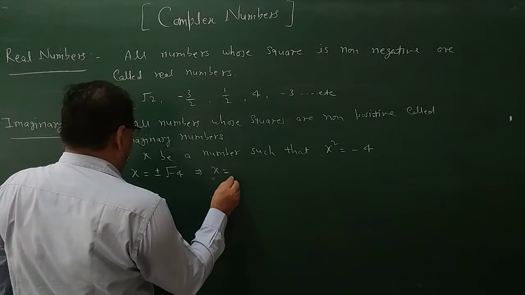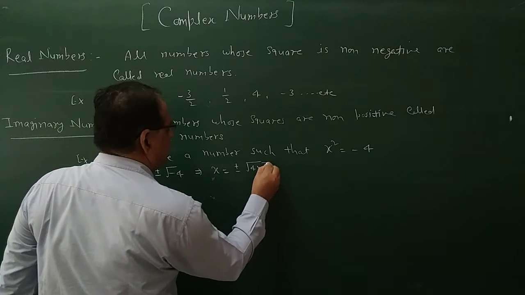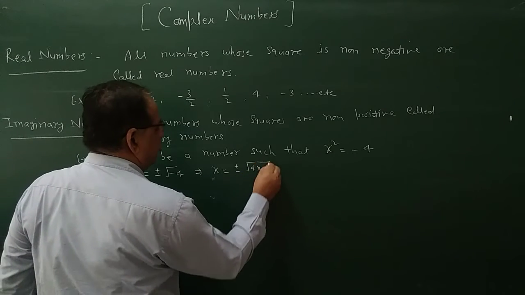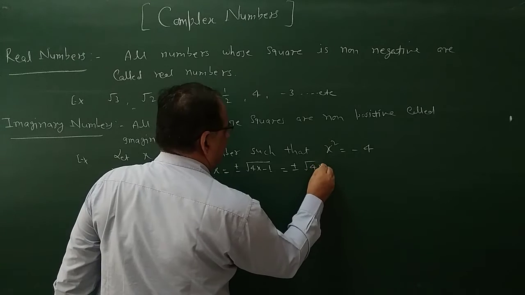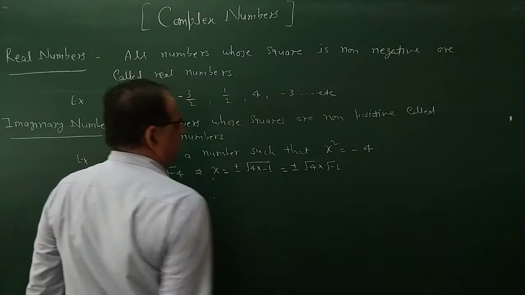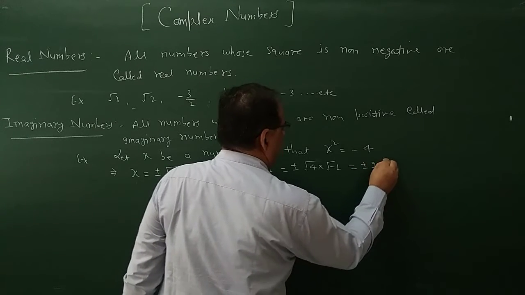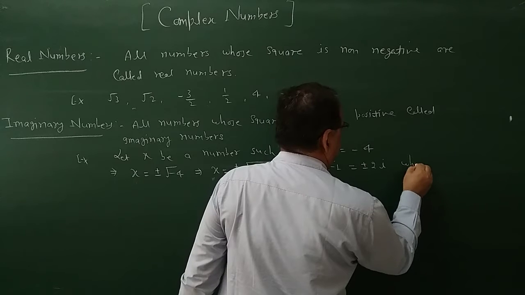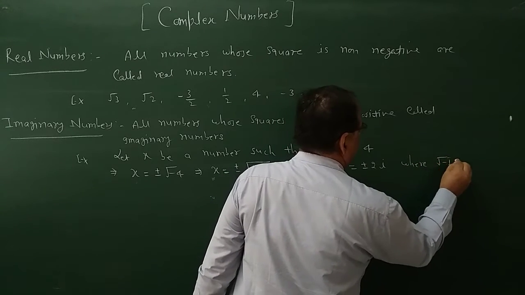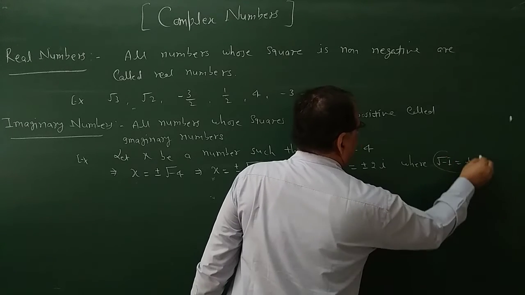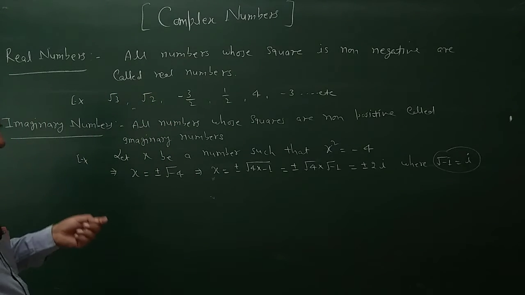This can be written as plus minus square root of 4 into minus 1, which is plus minus 4 into square root of minus 1, equal to plus minus 2 iota, where square root of minus 1 is indicated by the letter known as iota, introduced by Euler.